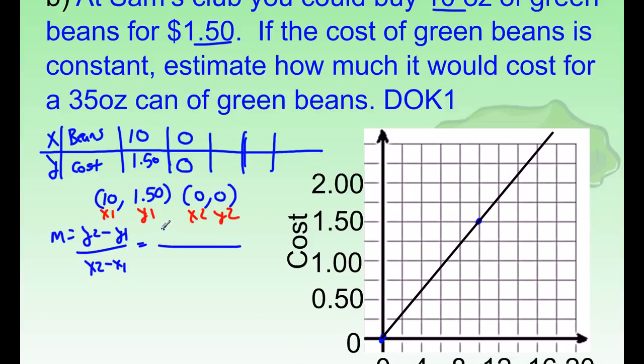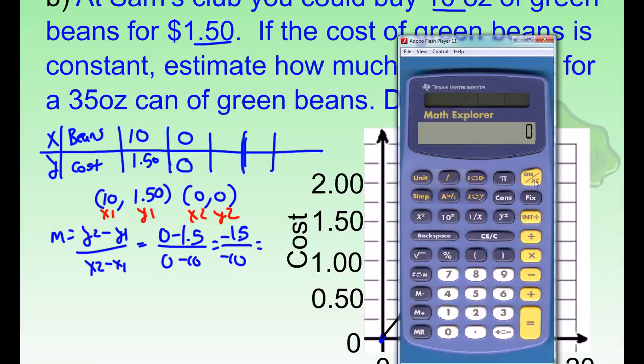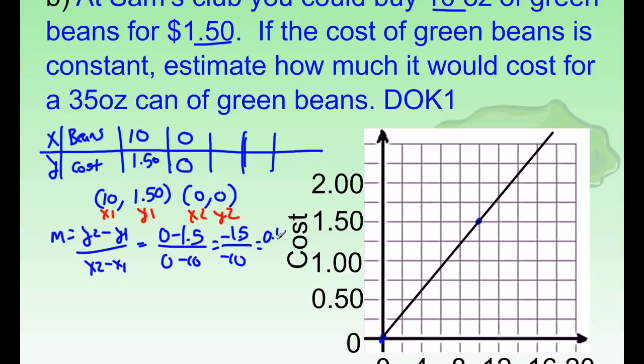So that gives us 0 minus 1.5 over 0 minus 10, which is negative 1.5 over negative 10, and that simplifies down to a positive 1.5 over 10, which is 0.15. So 0.15 over 1.